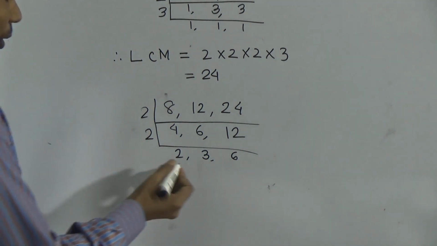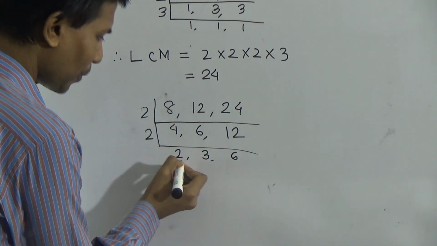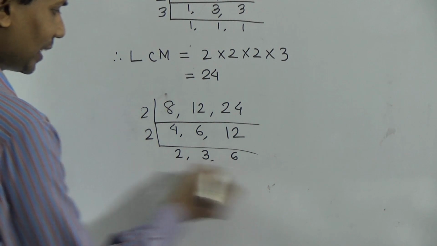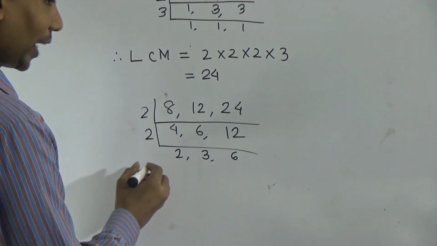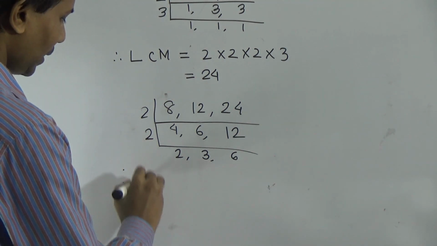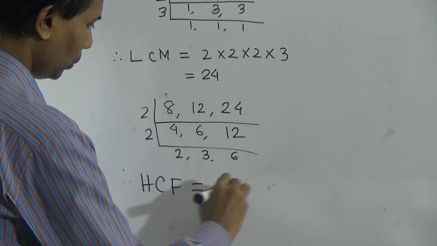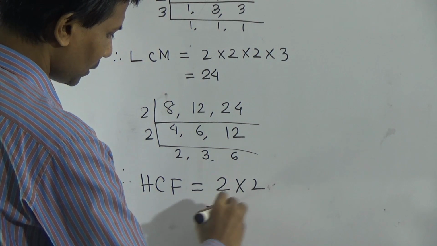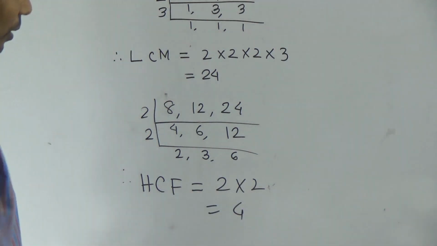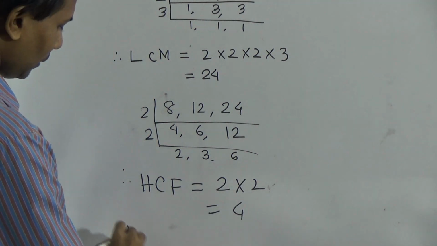There is no common prime number among the three numbers, so we cannot proceed. Therefore HCF is equal to 2 into 2, that means 4.